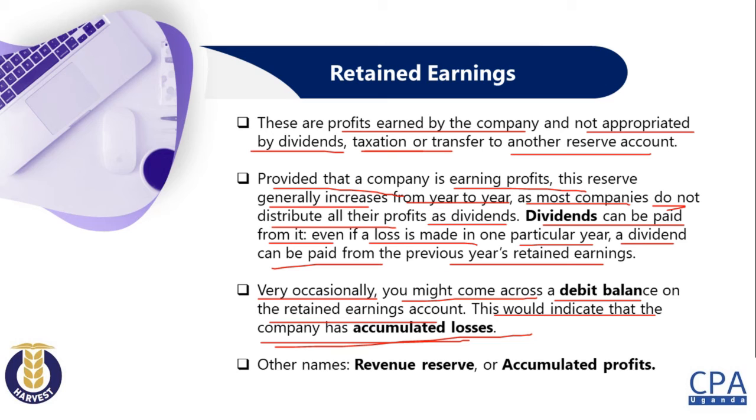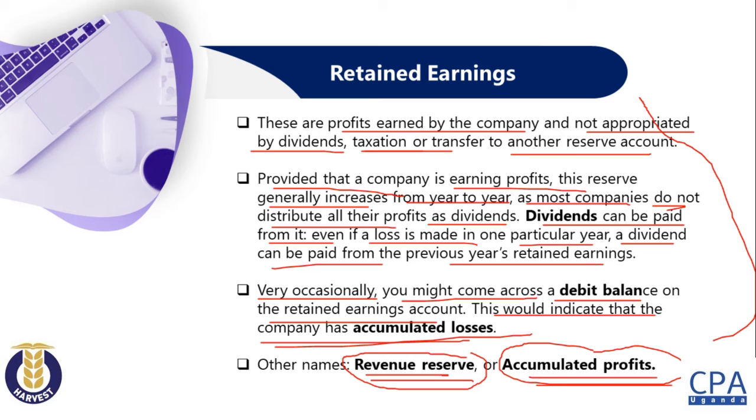That would mean that the company has been making losses for the years in question. Now, the other names that you might find in other reading materials or other content are revenue reserve and accumulated profits. So if you find that an account has been given this name, then it is as good as the retained earnings account.